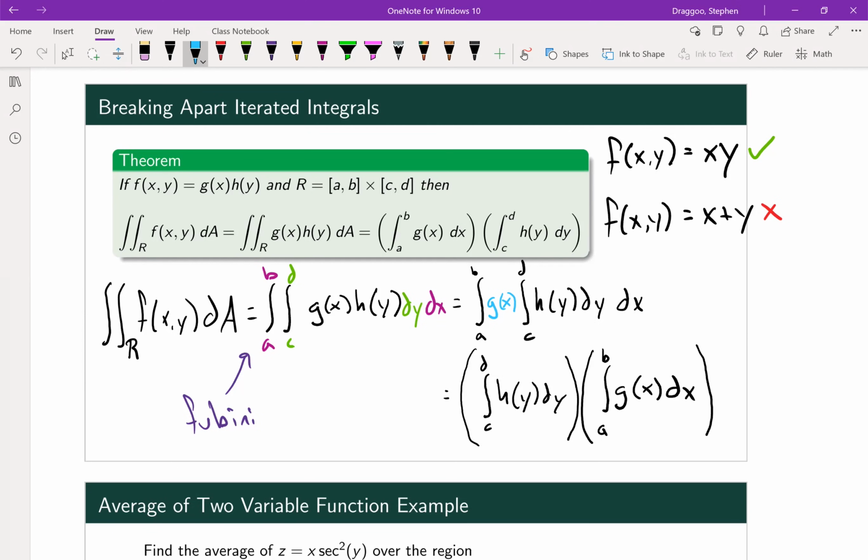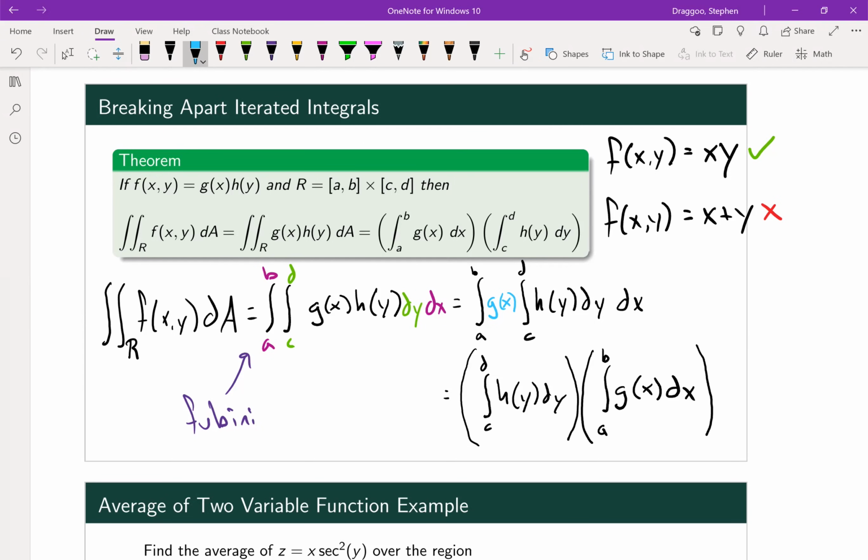So what I've done is I factored g of x outside of that integral, because since we're just integrating over y, it's going to treat x like a constant, and so I can pull any constants to the outside of the integral. So now what we have is just some integral that depends only on y. So when we do that integration, we should get just a constant number out, just some scalar.